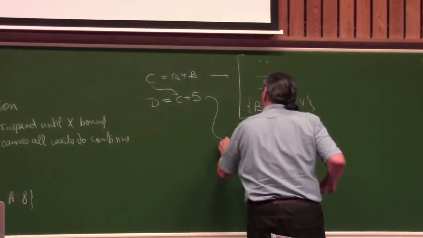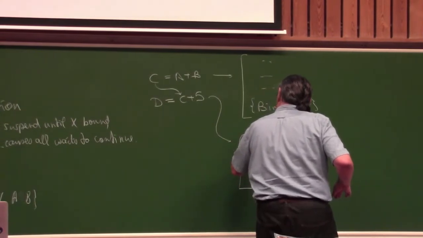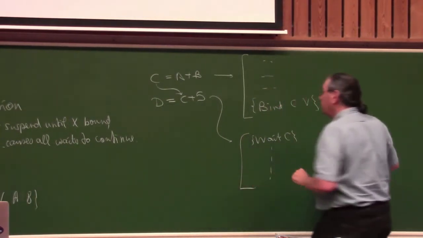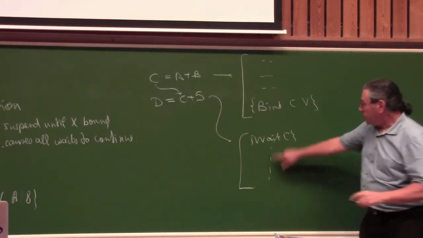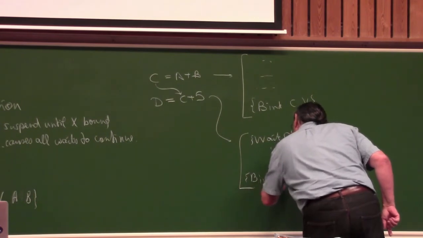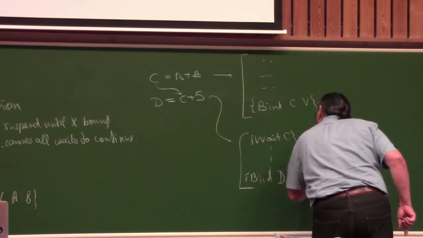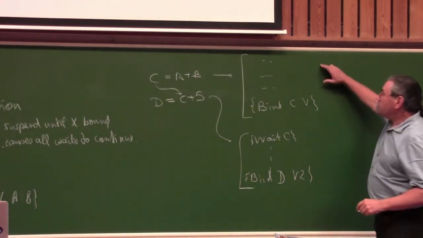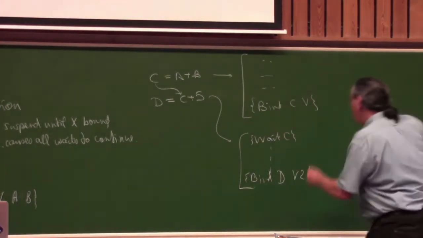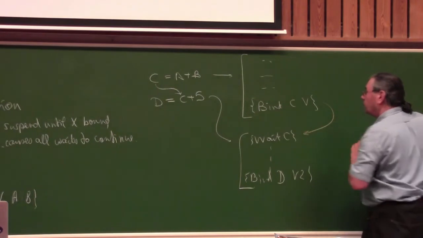And the second one will do a wait on C before continuing. You see? And this one will eventually do a bind of D with a new value. So this data flow connection is done by the bind and the wait. So you see how it works, huh?